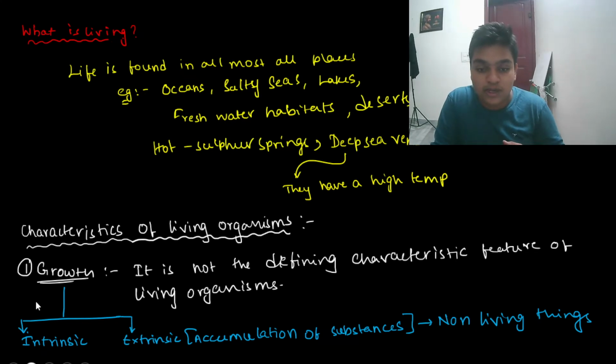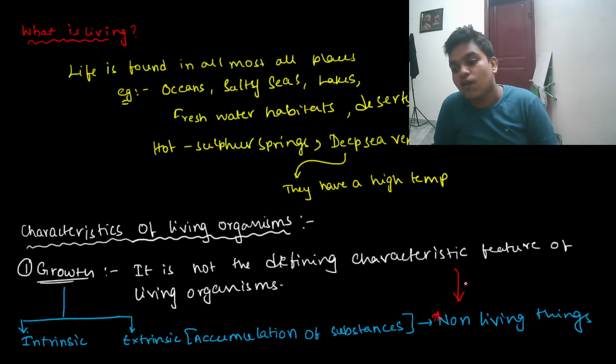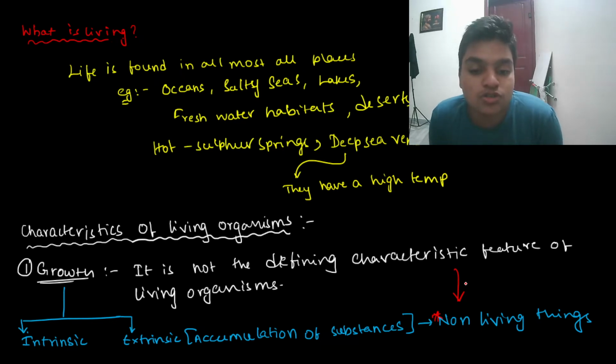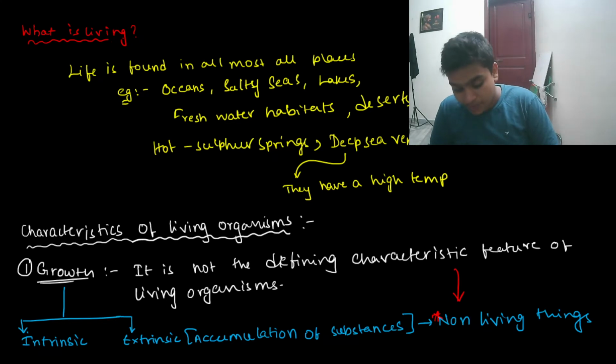That is the reason why it is not the defining feature. We have discussed growth a lot in the plant growth and regulation chapter. Now, what are the types of growth?